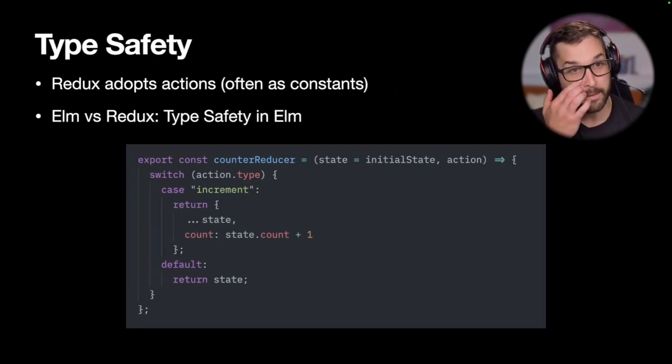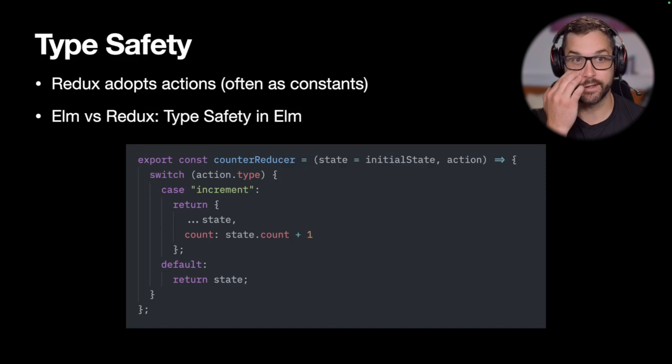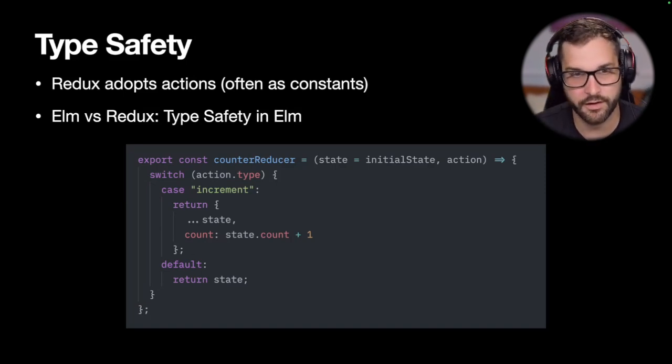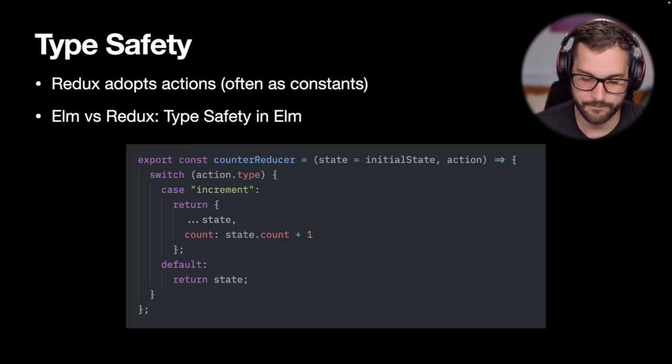Okay, number 6. So Redux adopts actions, and often they're adopted as constants. But as we saw in one of the previous examples, in Elm, the messages are type unions. And so there's type safety in Elm.